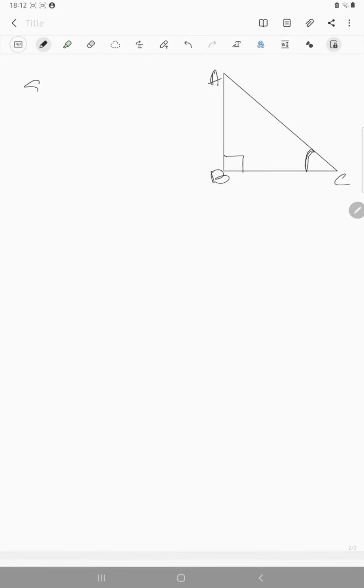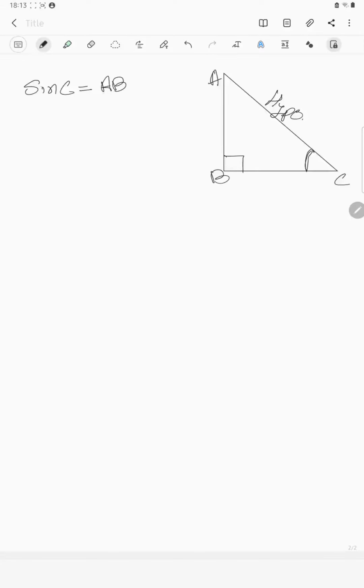So, as a revision, sine C is equal to opposite upon the hypotenuse. This is the hypotenuse, so sine C is equal to AB upon AC.